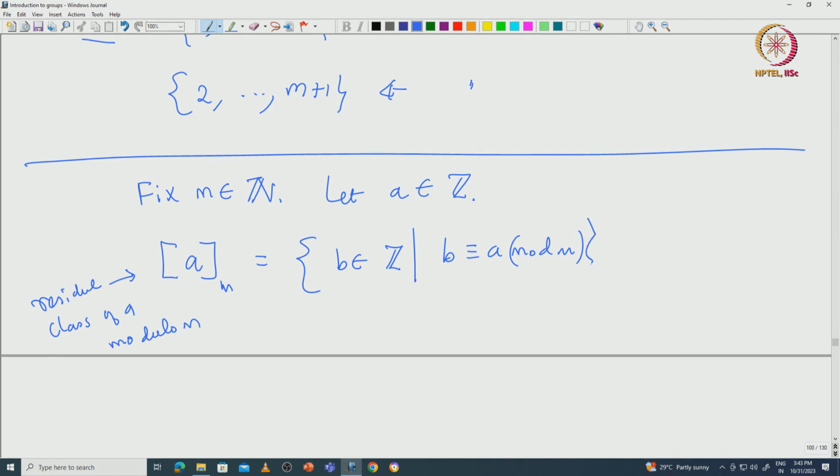So, basically what are you telling? The class of a modulo m is nothing but those integers b such that when you divide by m, the remainder that you get from b and from a are the same. If you think about it, b being congruent to a modulo m tells you that m must divide b minus a.